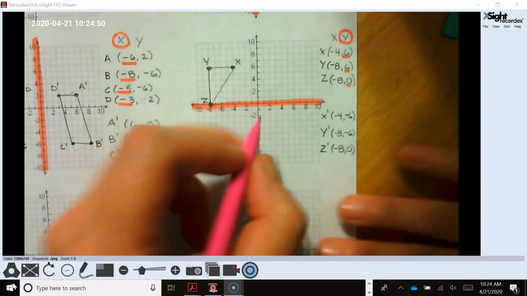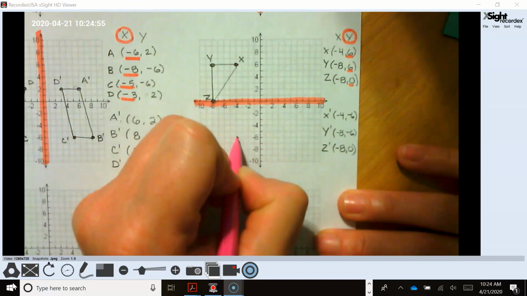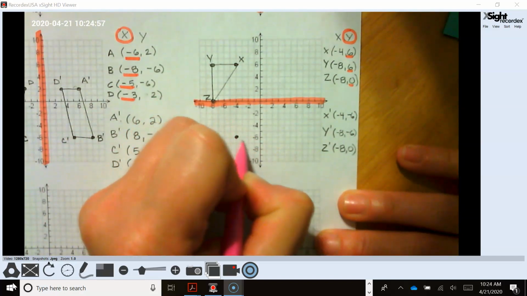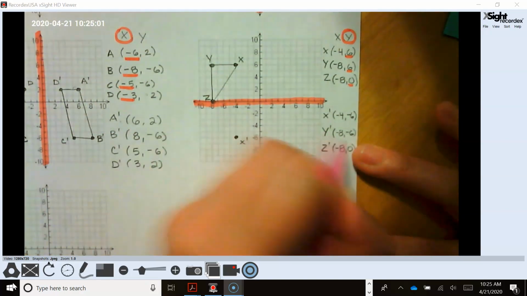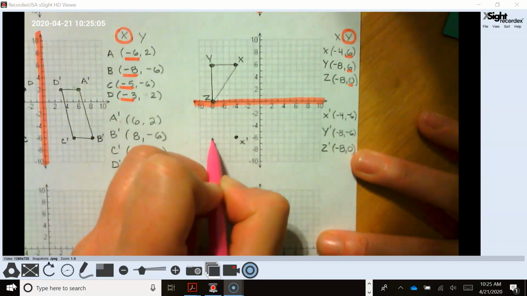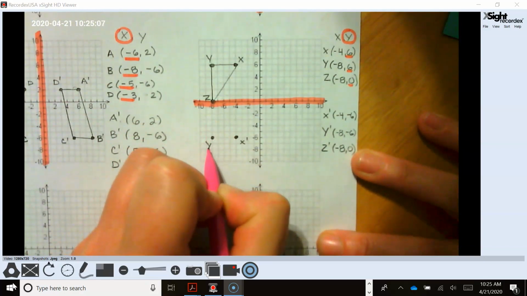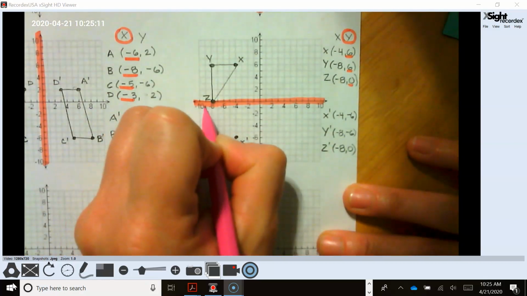Let's plot those points. So here for X prime, we run backwards 4, we fall down 6. There's X prime. Y prime, we run backwards 8, and we fall down 6. And Z prime is at -8, 0.